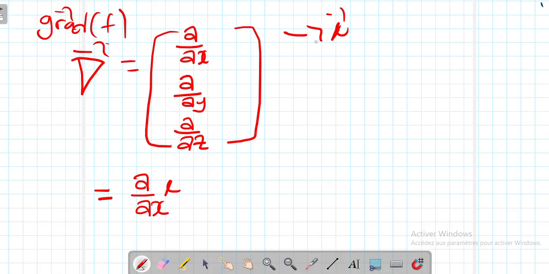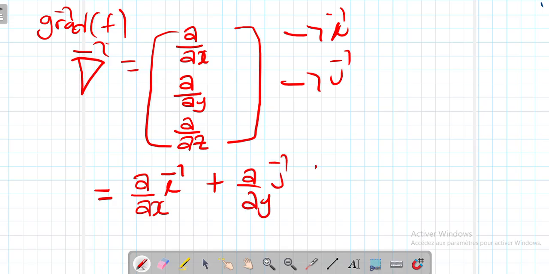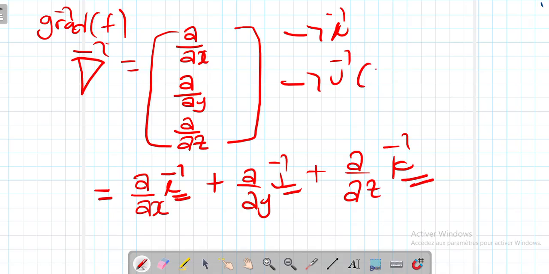Then plus the partial derivative with respect to y, in the direction of j, then these are unit vectors, plus the partial derivative with respect to z, in the direction of k. That's nabla in the Cartesian coordinate system. Why Cartesian? Because it has i, j, k, which are the base vectors of the Cartesian coordinate system.